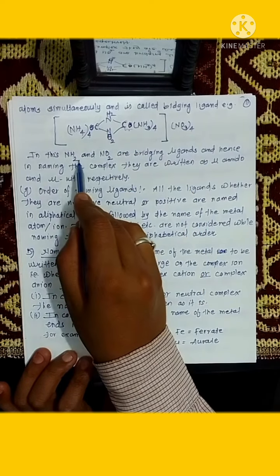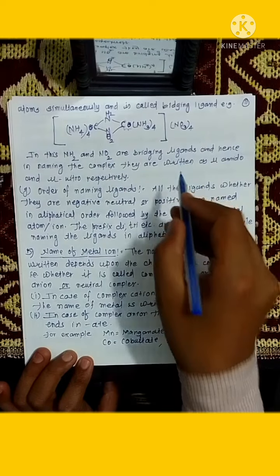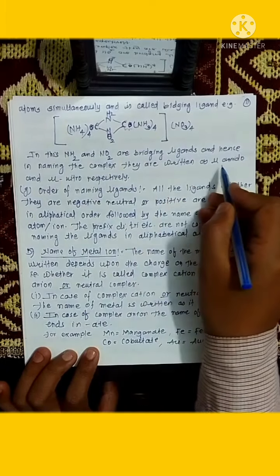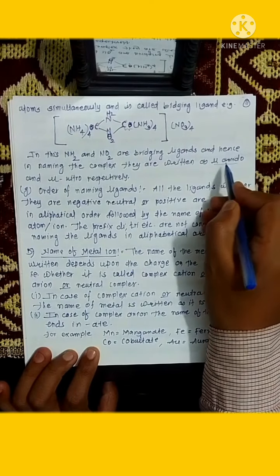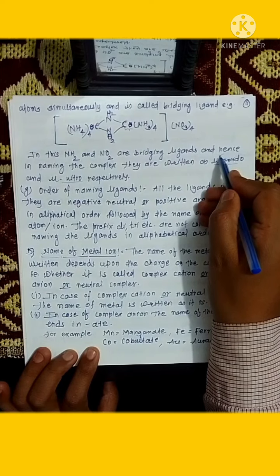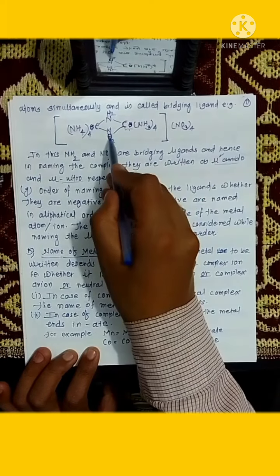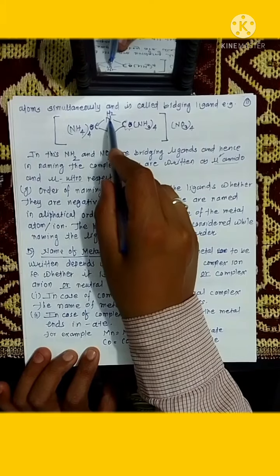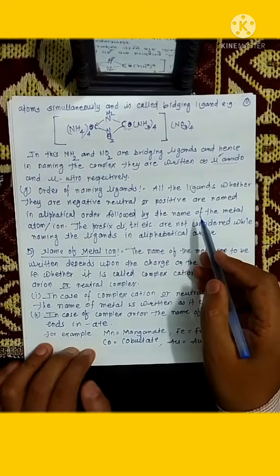So in this case, the amine and NO2 are bridging ligands, and hence in naming the complex, they are written as mu amido and mu nitro. This mu sign simply indicates the ligand acts as a bridging ligand.